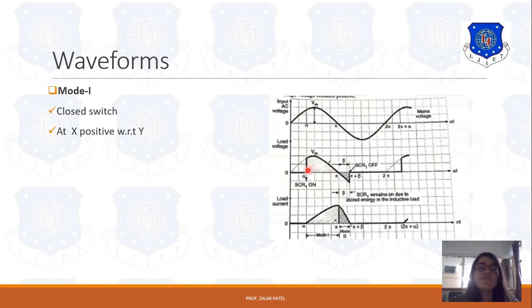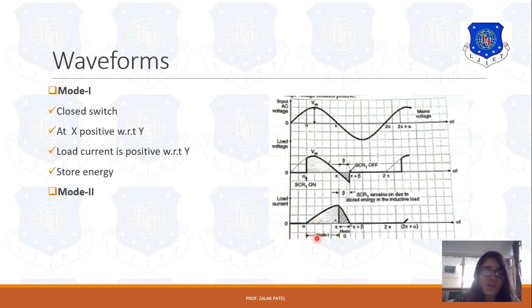From the waveform, from alpha to pi you can see that X is positive with respect to Y. That's why the load current is positive, meaning the load current gradually increases when it operates in mode 1 and the voltage will reduce. Because of the increase in load current, the storage of energy is possible when it operates in mode 1.